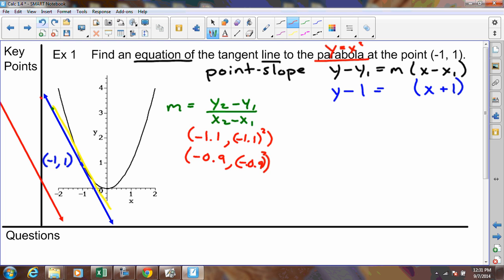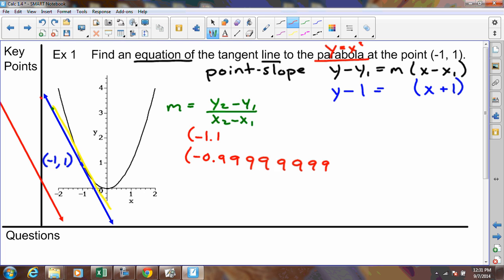But the closer we can get these things to the actual value that we want, the better we will be. We could use 1.1 and 0.9, but 0.99 is closer. 0.999 is even closer still. The more 9s that we start adding, the closer to what we actually want we will be.